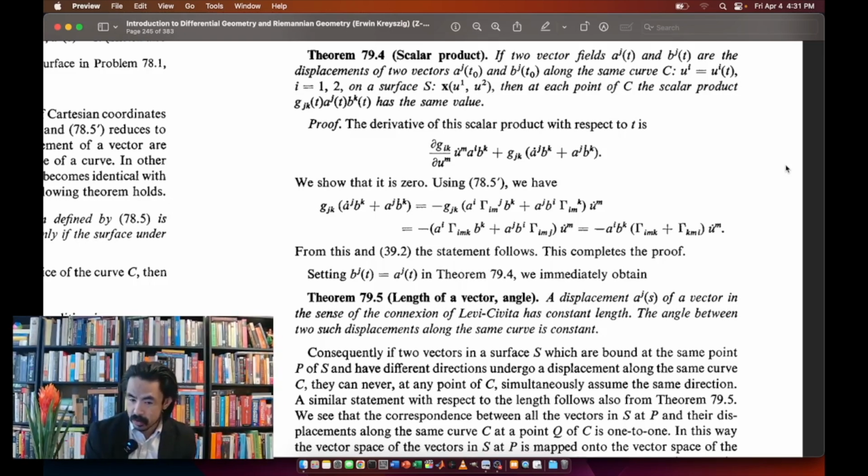This then equals negative a^i b^k times the quantity Christoffel_imk plus Christoffel_kmi, closed quantity, times u-dot^m.